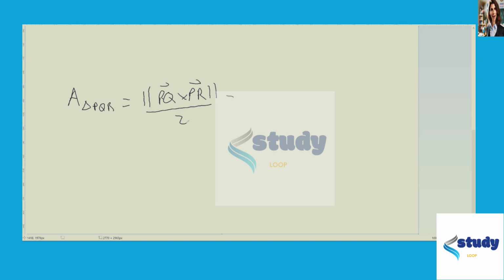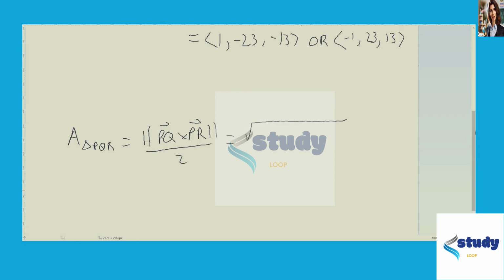And so we're looking at the square root of each of the lengths of this vector squared. What was this vector again? 1 squared plus -23 squared plus -13 squared, all divided by 2.